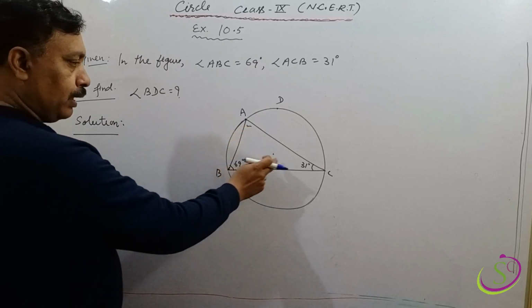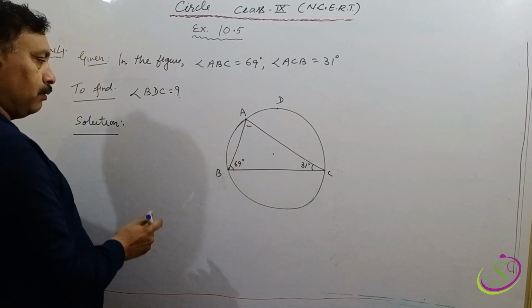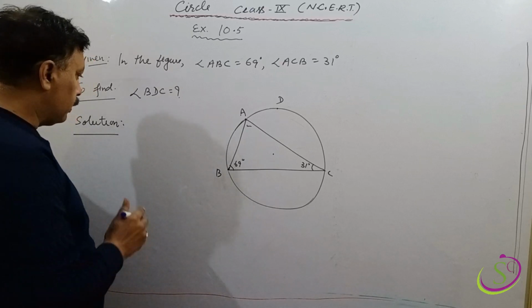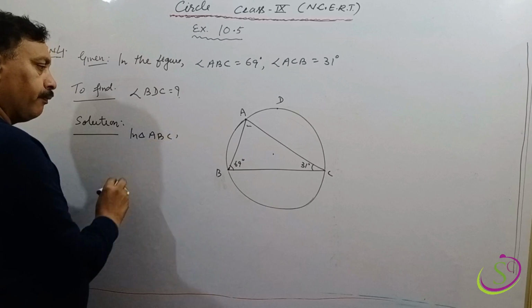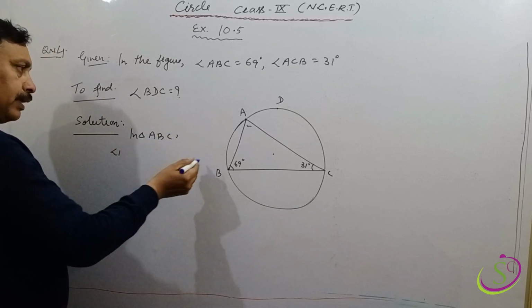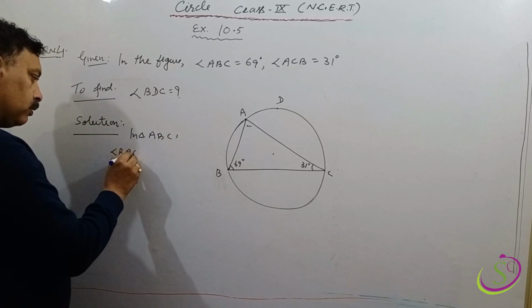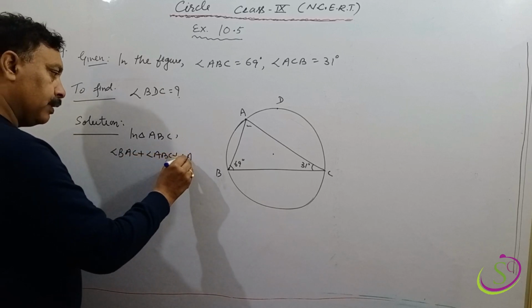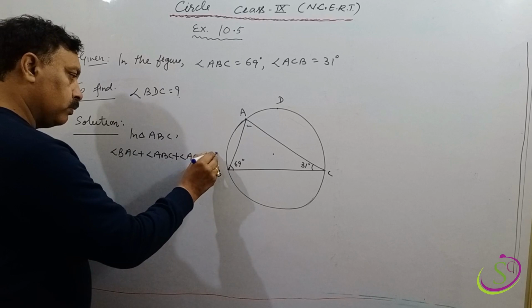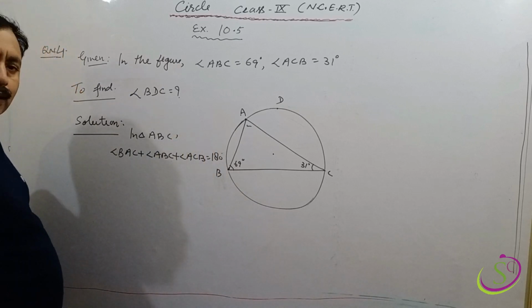In this triangle, two angles are given, so we can find the third angle by using the angle sum property. So in triangle ABC, angle BAC plus angle ABC plus angle ACB equal to 180 degree. Clear?